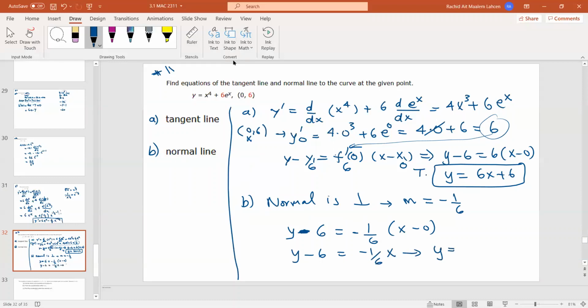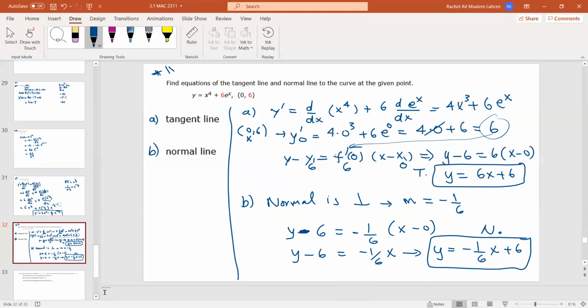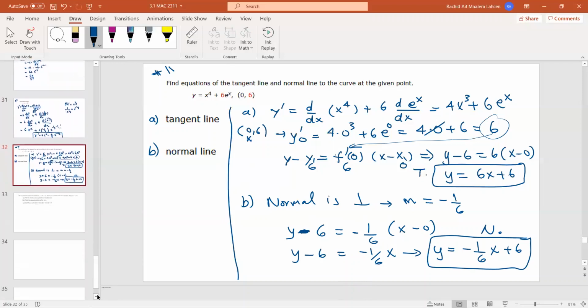And y equals negative 1/6 x plus 6, and that's for the normal. So you see the work got simplified a little bit.